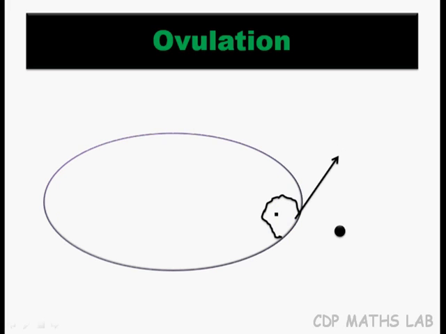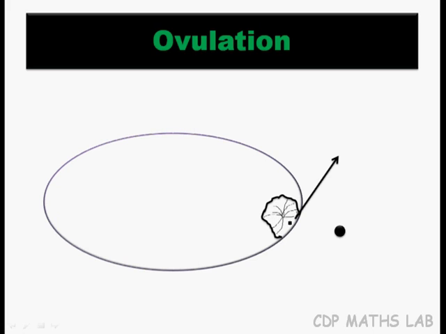All right? Okay, this area right here, as soon as the ovum is released, it is formed into what we call a corpus luteum. Now, it breaks down unless pregnancy occurs.